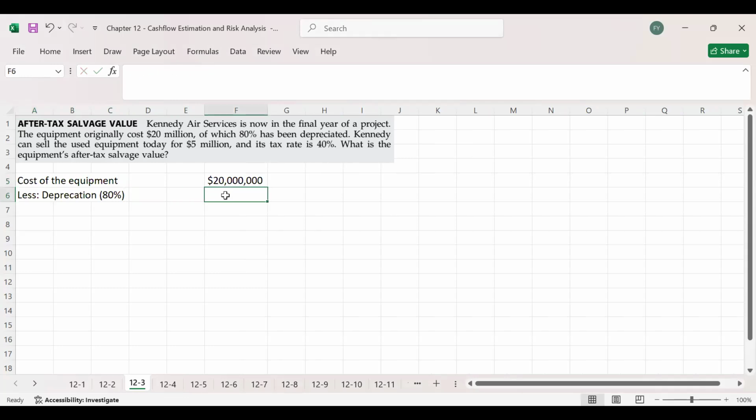So we multiply 80% by the cost, which is 20 million.